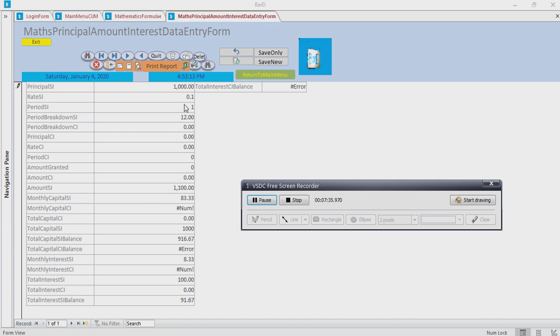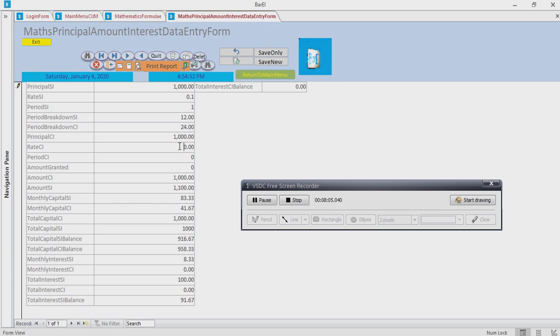Let us go to compound interest. SI is simple interest, CI is compound interest. Let us say the breakdown is 24 months. Principal is 1000.